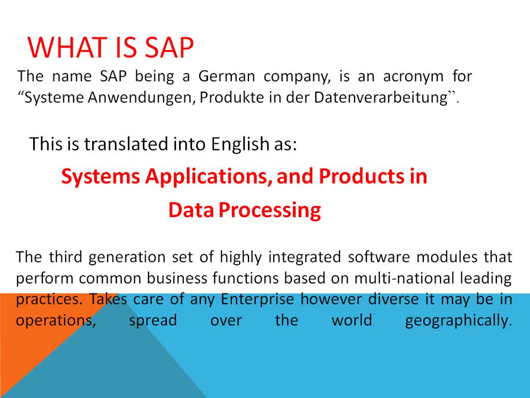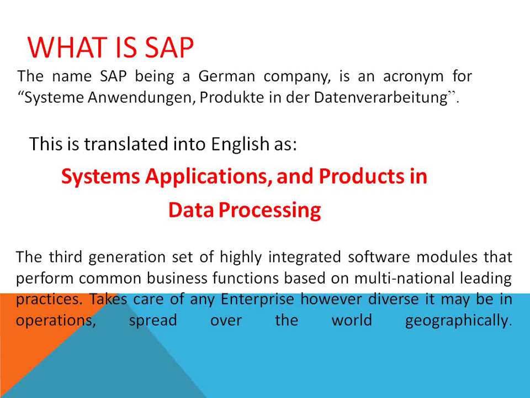So basically SAP, the name SAP, is a German company, and they were former IBMers. And being former IBMers, I know that when you joined IBM, they would keep you busy at least 12 hours a day.